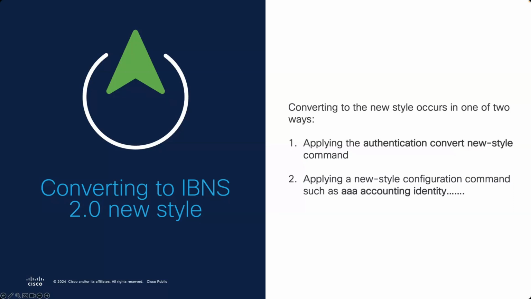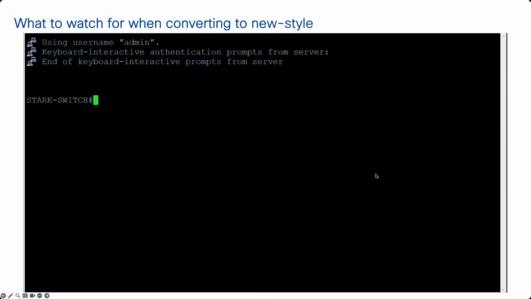And so when you apply new style, one of two things can happen. If you don't have anything configured on the switch, it's fine. It'll just go through, everything will work fine. The problem is if you have an existing 802.1x configuration on the port.